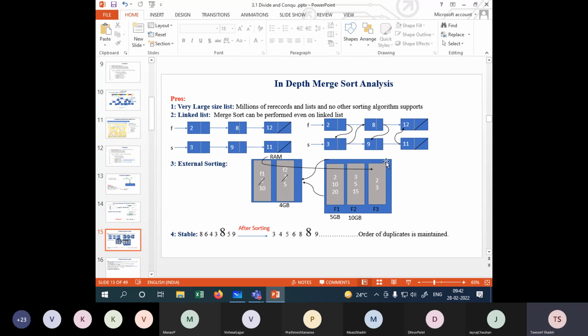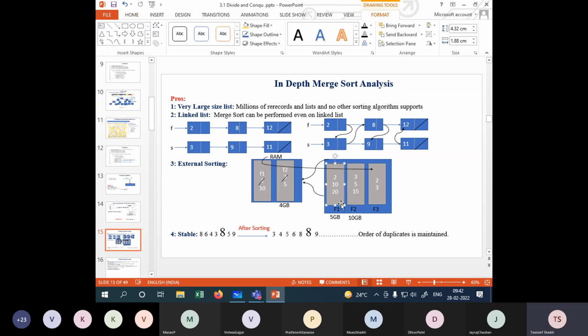So you have a secondary storage device. Suppose its capacity is 10 terabytes. And we have 3 files, F1, F2, and F3 on the secondary storage device. There are different records inside file F1. One record is of size 2, another contains 10, another contains 20.